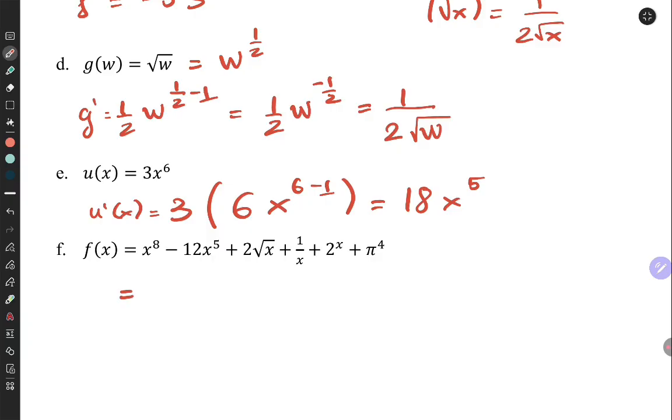Okay, so now term by term. Who gets to be the first term? Number 1, first term only, x to the power 8. 8x to the power 7.